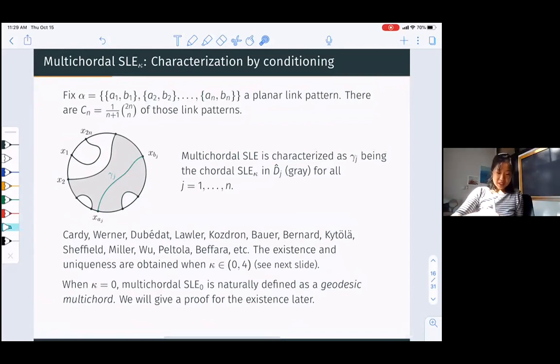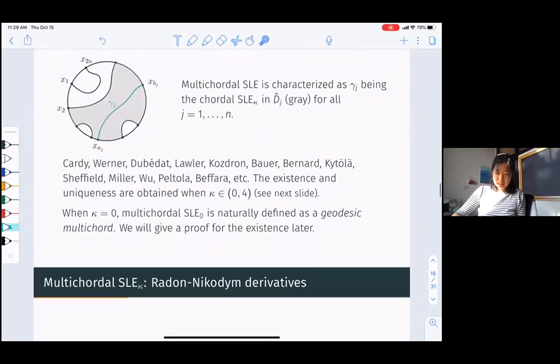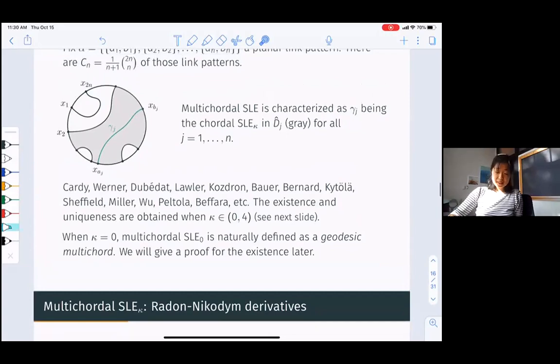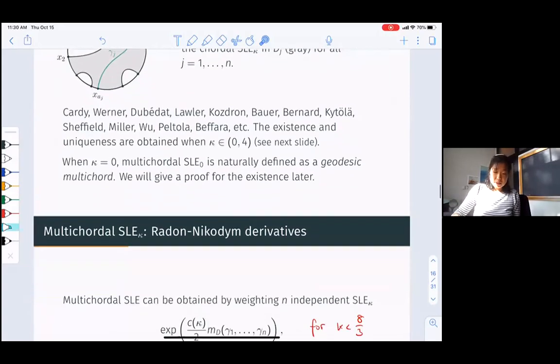It means that each curve is the hyperbolic geodesic in the union of the two faces adjacent to it. It should be a deterministic multichord. For kappa equal to 0, in the single chord case, it seems to be the simplest case. However, the uniqueness and existence are not completely trivial.